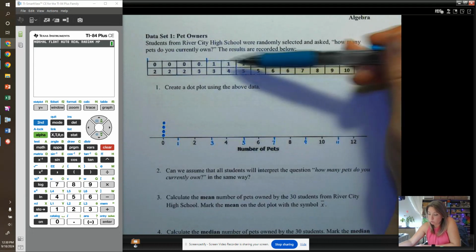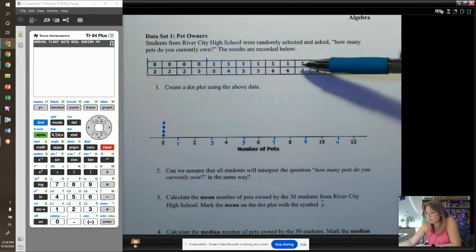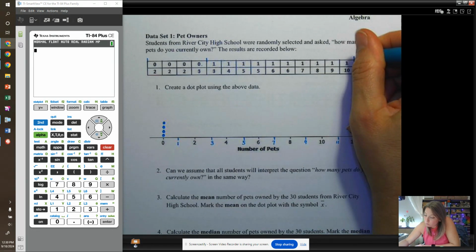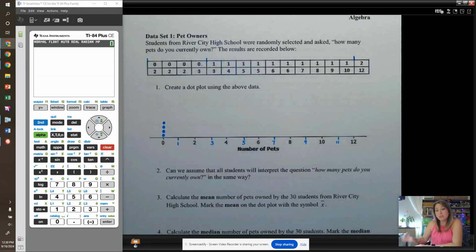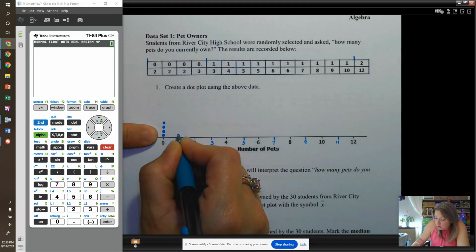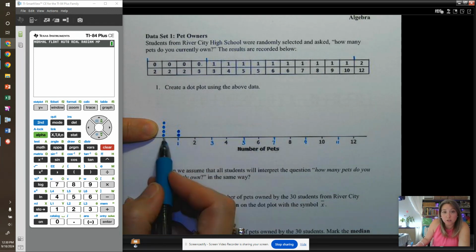So now that I've filled those in, let's count how many people said they have 1 pet. 1, 2, 3, 4, 5, 6, 7, 8, 9, 10 people said they had 1 pet. So this means we have to put 10 dots above the 1 heading up vertically, but you have to be very careful because horizontally they need to line up with the dots we previously put over 0.